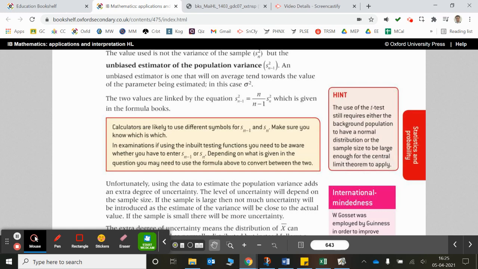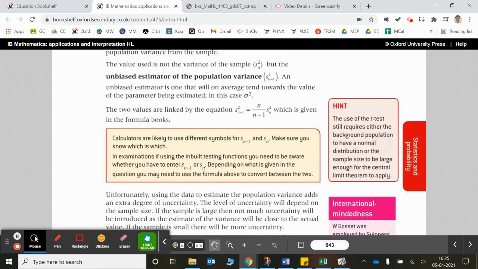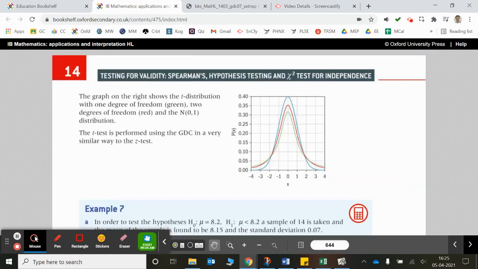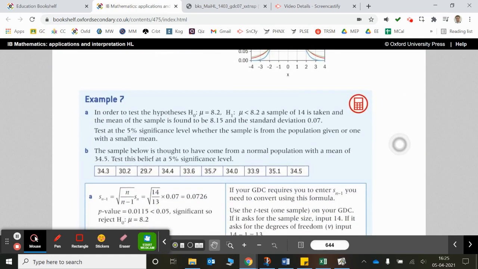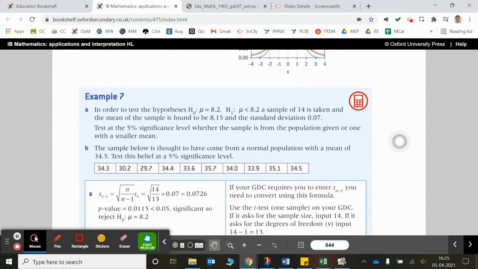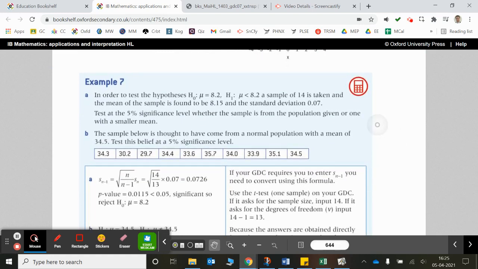In other words, if this information is coming from, say, for example, a background distribution which is binomial or Poisson, then you'd need a sample size of at least 30 in order for you to say that X bar is distributed using the central limit theorem via a normal distribution. Otherwise, it needs to say. Now, it doesn't actually say in that question, and I think it should. No, it doesn't say, but it should do.